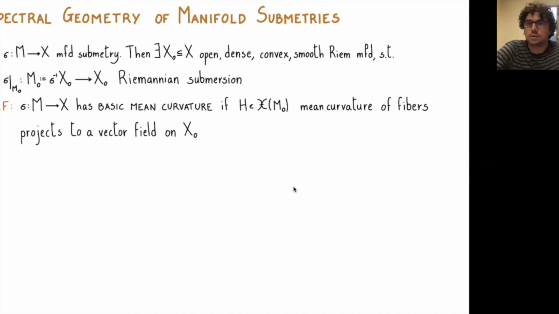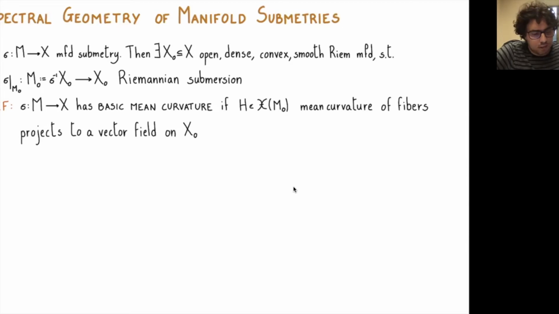In this M0 part, which is open and dense, you produce a smooth vector field called the mean curvature vector field of the manifold submetry.